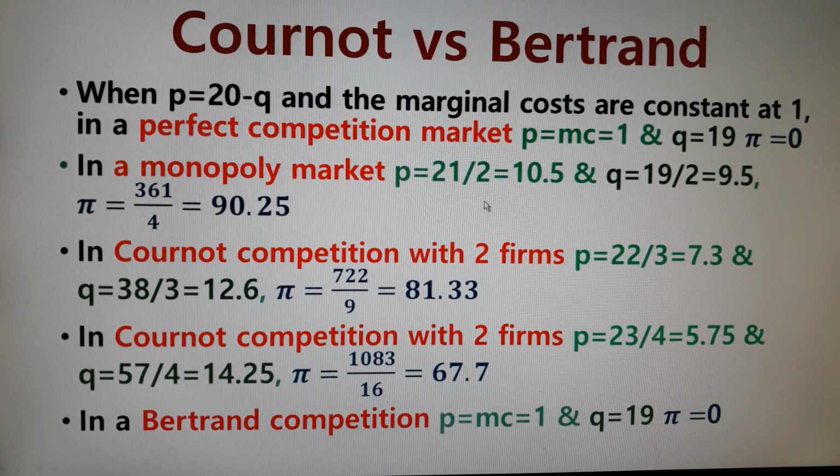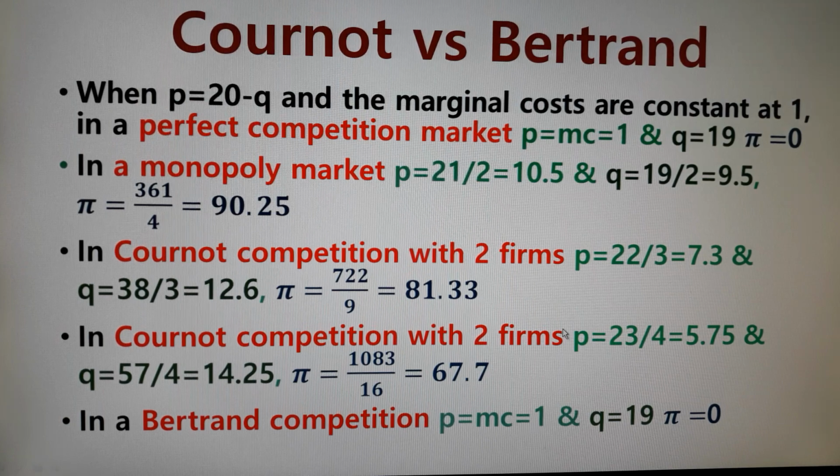That would be 90.25. So when you compare the monopoly, one-company case, the Cournot duopoly, two-company case, and the Cournot competition, three-company case, the price changed from 10.5, 7.3, 5.75. Price keeps decreasing. Quantity 9.5, 12.6, 14.25. Quantity keeps increasing. What about the profit? 90, 81, 67, keeps decreasing.